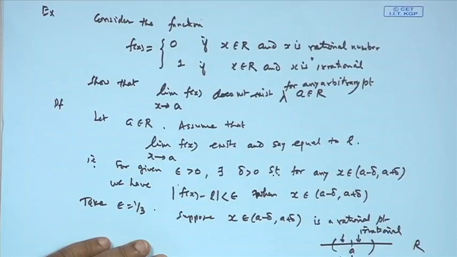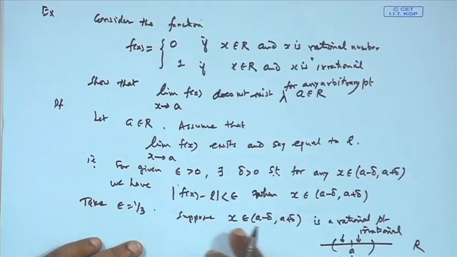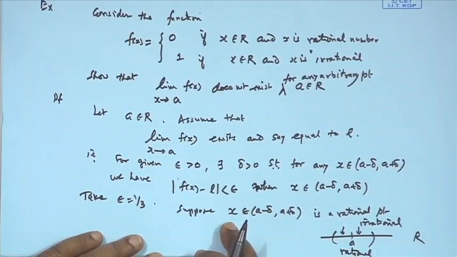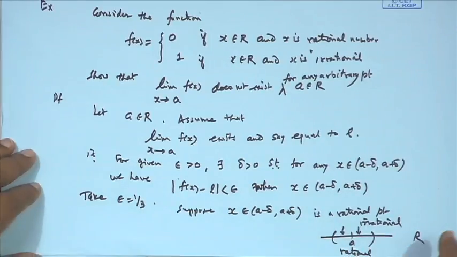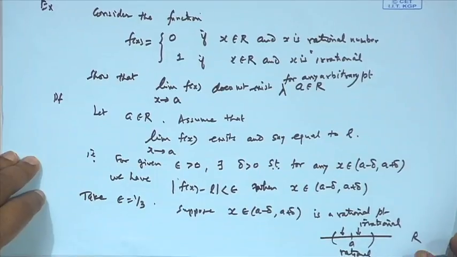Rational and irrational numbers are available around the point A. So, let us take a point x which is a rational number lying in the interval. So, what will be |f(x) minus L|?